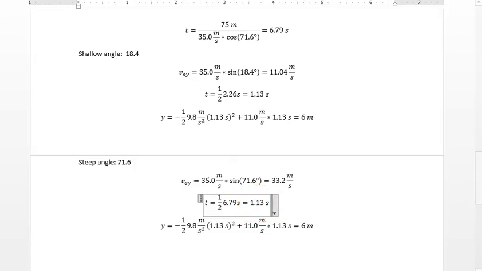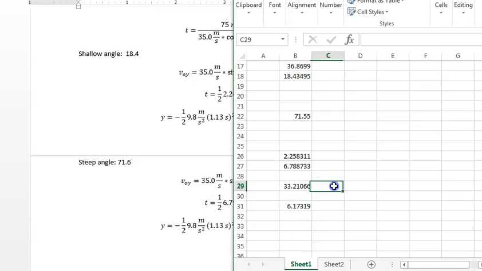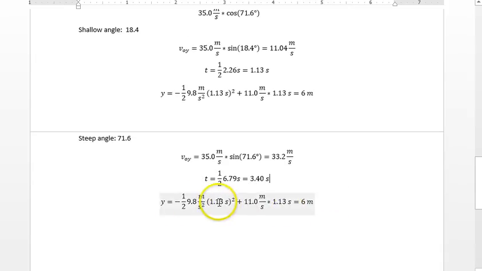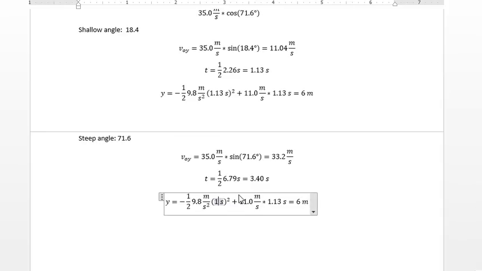All right, so 6.79 over 2 is 3.4 seconds. 3.40 seconds. So we stick in our 3.40, we stick in our 33.2, stick in our 3.40, 3.40 again, right?